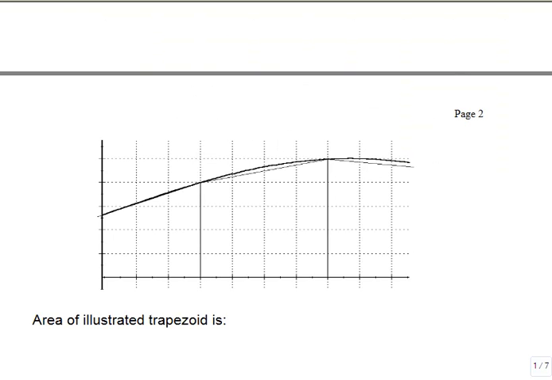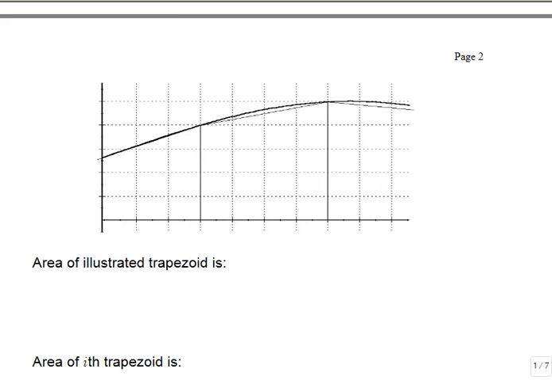So if we take a look at this specific example right here and this trapezoid, we have this piece over here on the left, this piece over here on the right, and this endpoint and this endpoint are being connected with a straight line, so there's my trapezoid. So what would be the area of this particular trapezoid?